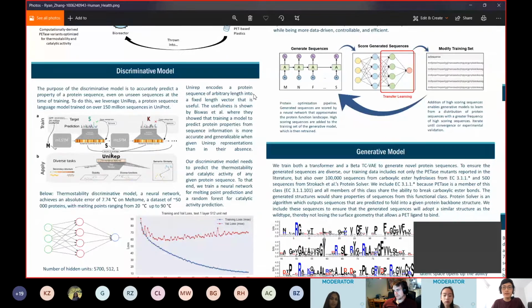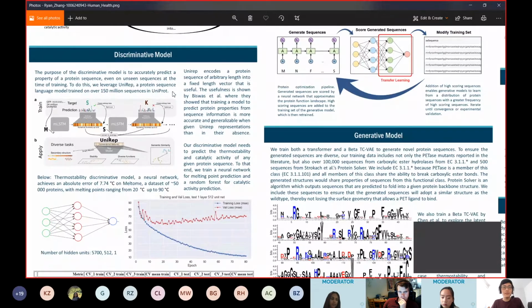So first, let's look at the discriminative model, or the oracle. Its purpose is to accurately predict the property of a protein sequence. Here we leverage the large amount of protein data that we have, and transfer learning, to extract secondary structure information and other higher level information.